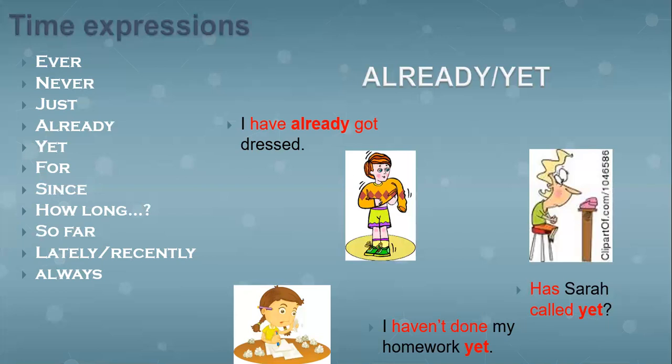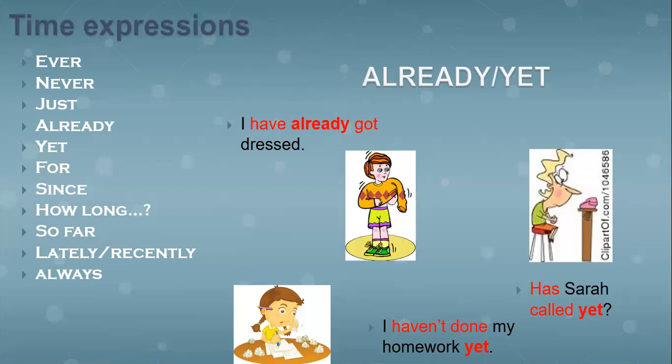And because we understand that the present perfect connects the past with the present, so if something happened in the past, but it has a result in the present, I use the present perfect.